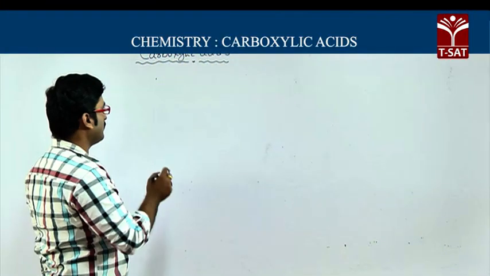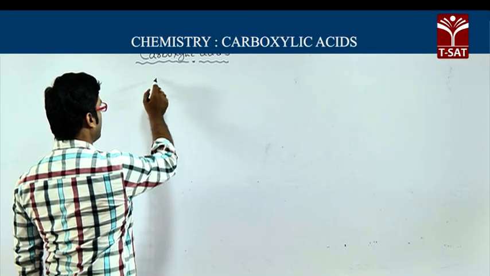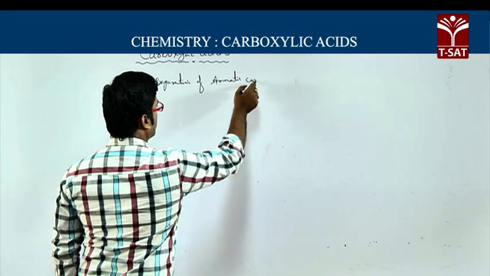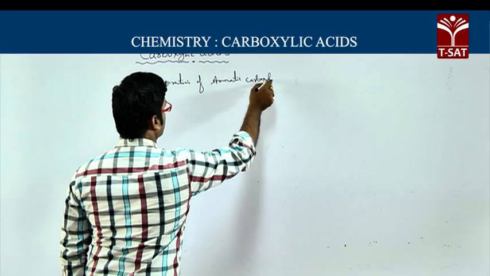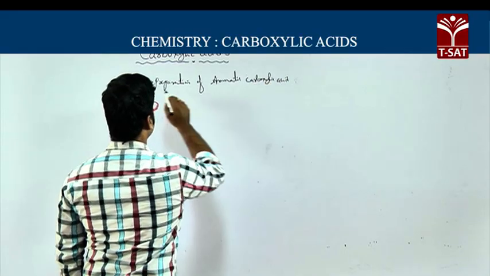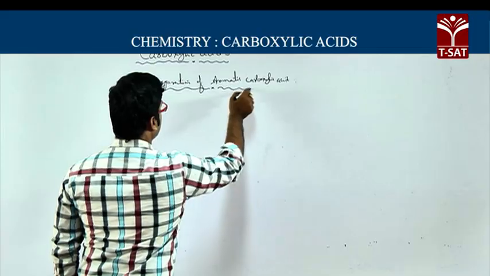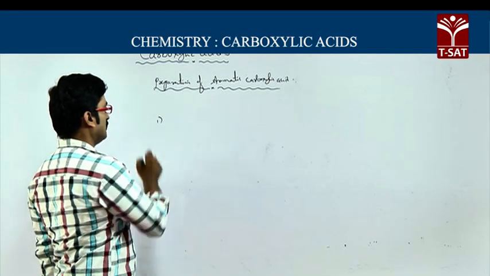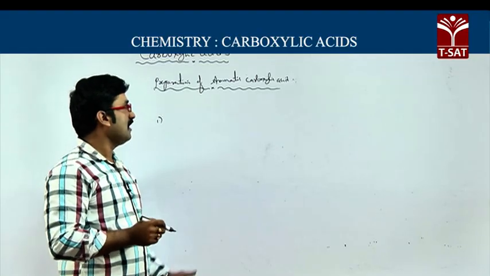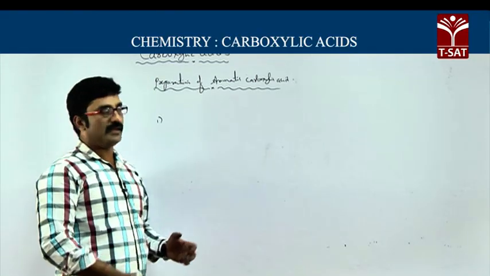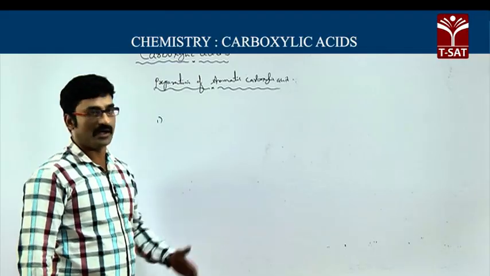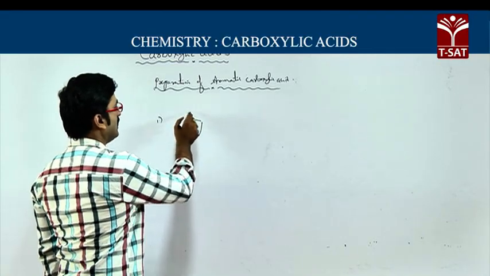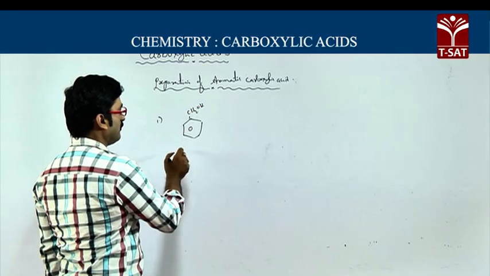Next one is preparation of aromatic carboxylic acids. First, I said that carboxylic acids can be prepared by the oxidation of alcohols. So here I am taking benzyl alcohol, CH2OH.